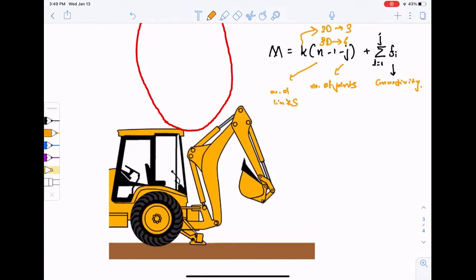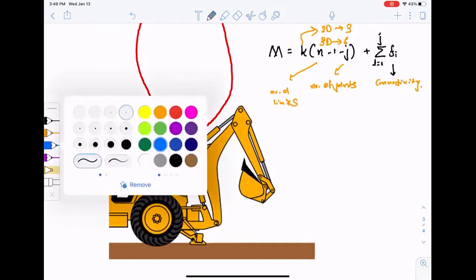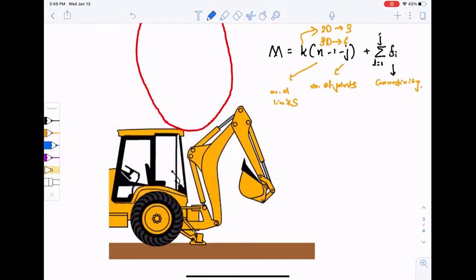So let us start with counting the number of links for the given question. Over here, we can see there are several rings in this case. One over here, one over here. But let's quickly find the ground link.